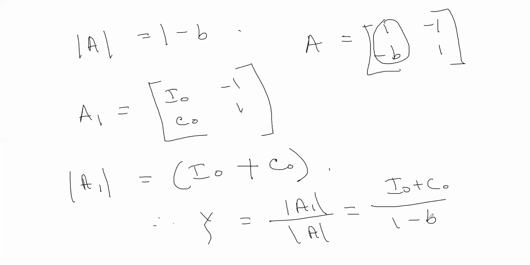So does it match with our earlier answer? Yes, obviously. Y was equal to this, right? Let's form the another matrix A2. Now we will replace the second column. So the first column will remain as it is.